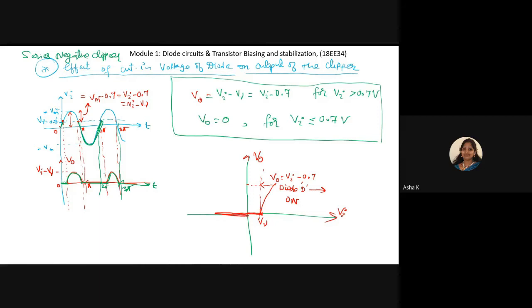So you have to write it on the 0 axis, on the x axis, here it is 0. From here to here, the diode D is off. So V input is in volts, V output also in volts. So this is the transfer characteristics curve.